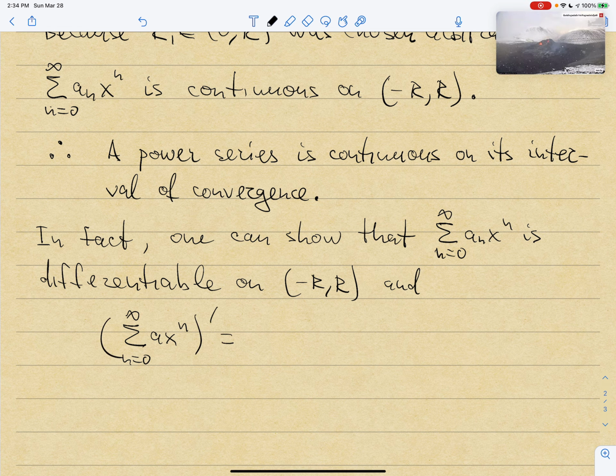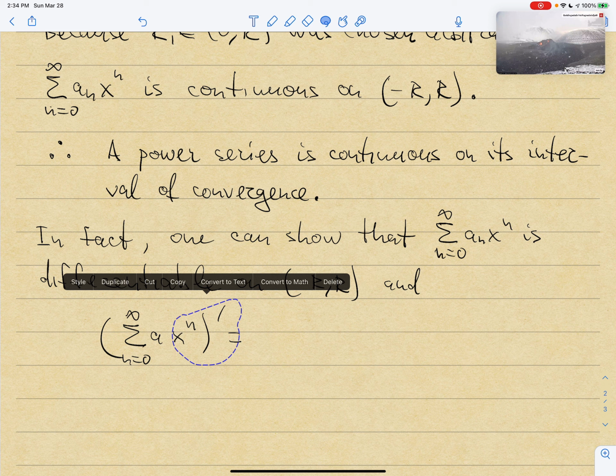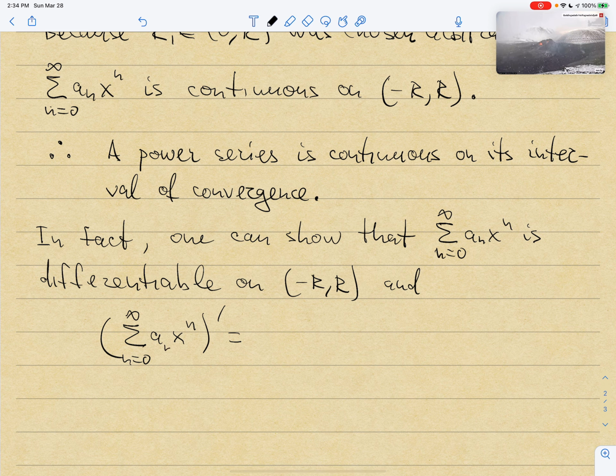So what is a power series? Power series is an infinite sum of terms that look like an x to the power n, right? So in a sense, this is actually a polynomial. And of a polynomial, you take the derivative term by term. So it turns out that this is true for infinite power series as well, on their interval of convergence. But this is a sum from 0 to infinity, and you take a derivative term by term, and you get n times an x to the n minus 1.